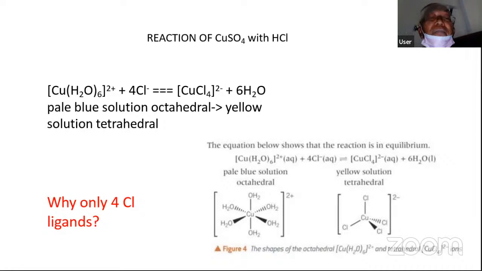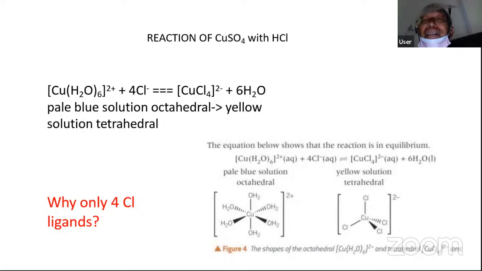So when you add acid, HCl, HCl will give you hydrogen ion that will change the pH, and you have the ligand Cl minus. So what happens in this particular reaction is that all the water is replaced by chloride. And when you do the analysis, there are only 4 chlorides, not 6. Then as a chemist, you will ask yourself, why 4 chlorides?